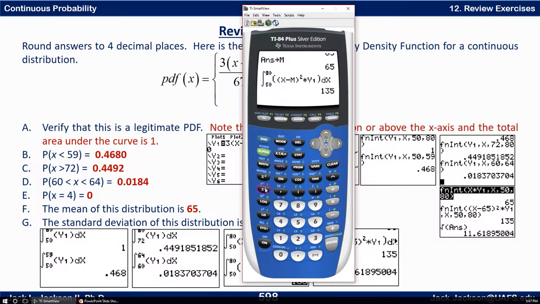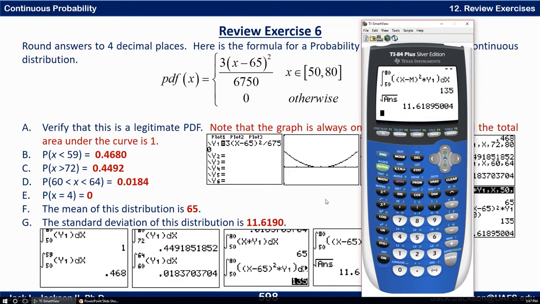So the square root of that answer is the standard deviation. Okay? And so that's the basic way we can get a mean and standard deviation if we know the PDF formula, making use of our graphing calculator.